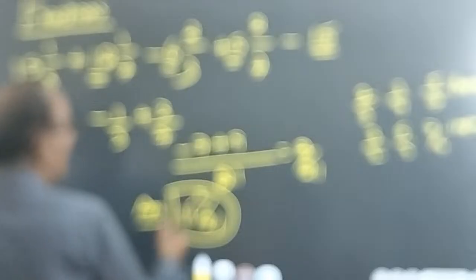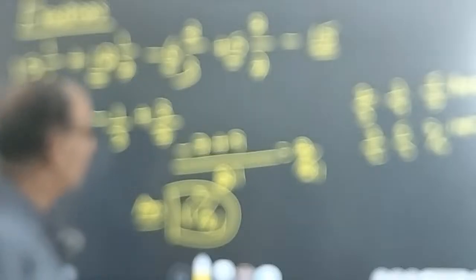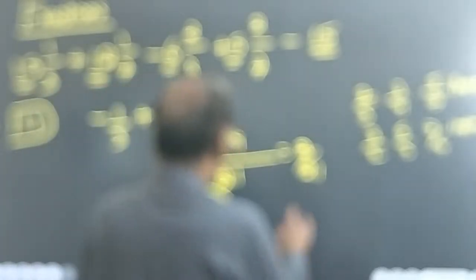Here 2 by 21 is a proper fraction. So my answer is 11 2 by 21. Suppose instead of 2 by 21, I am getting, let me say, 7 by 5.